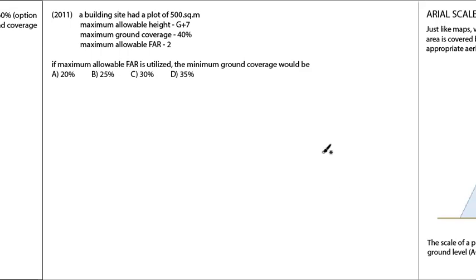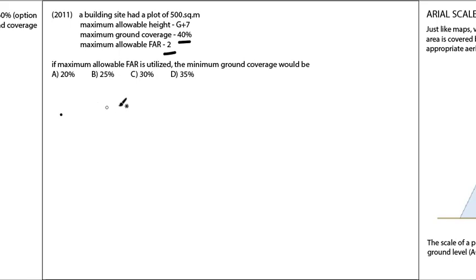A building site had a plot of 500 meters square. We have number of floors as 8, G plus 7, that is equal to 8. Maximum ground coverage is 40% and allowable FAR is 2. Now, if maximum allowable FAR is utilized, then the minimum ground coverage will be?